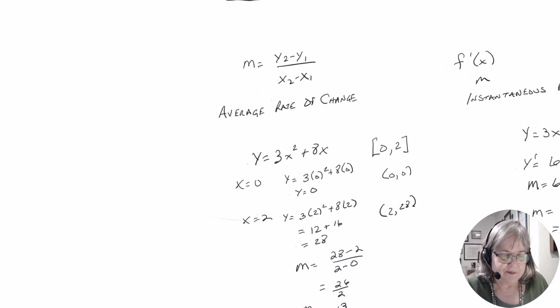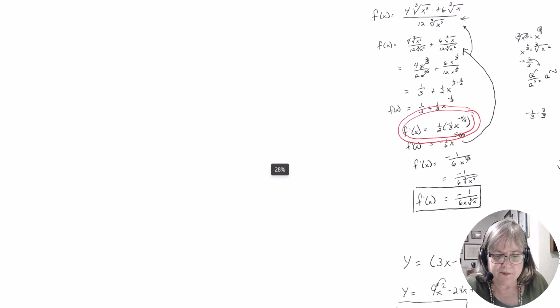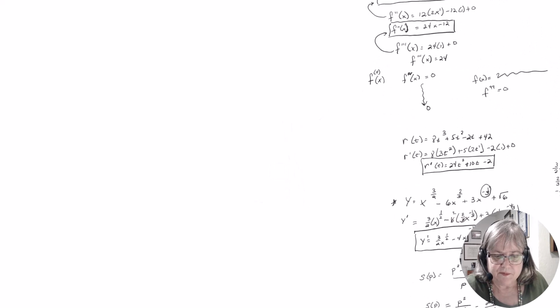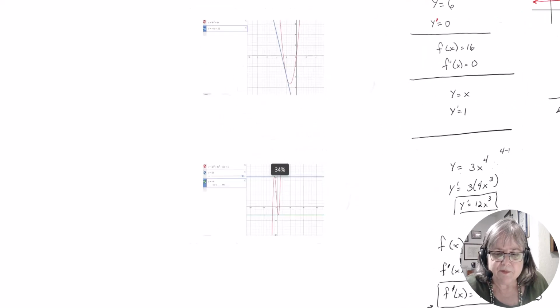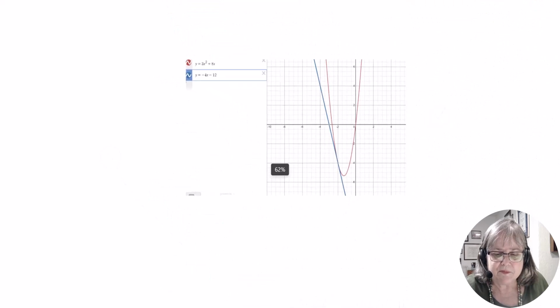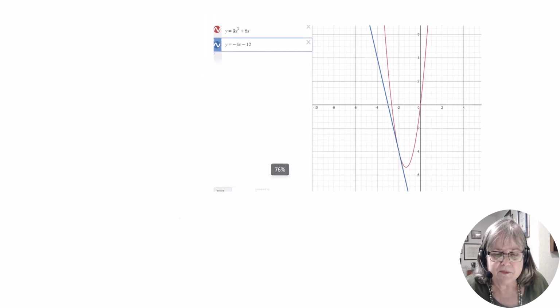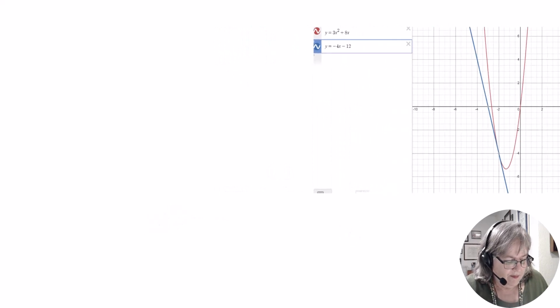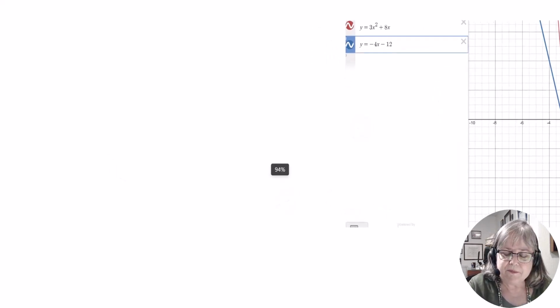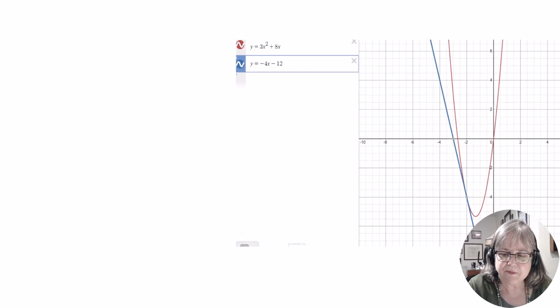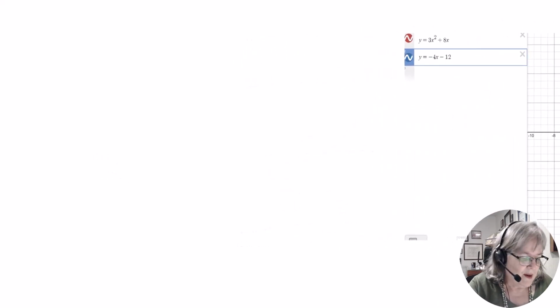Now, let's go way up here and look at this problem again. And let's talk about y is equal to 3x squared plus 8x.